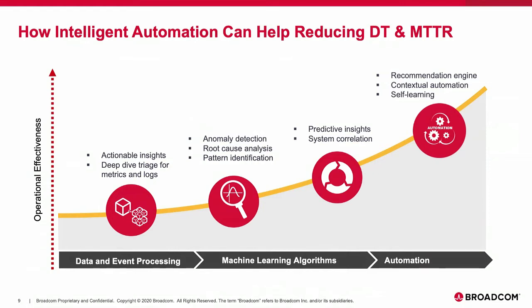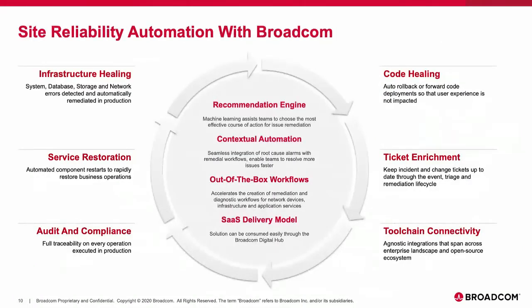That way, the SRE teams can leverage flexible and easy-to-use automation to handle the fast-changing environments. And this automation solution we have implemented with AIOps. We call it site reliability automation.